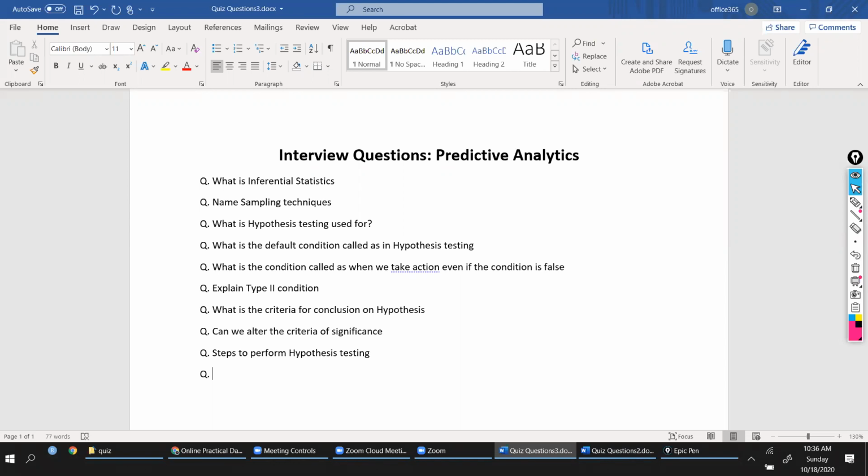CRISP-DM, remember the CRISP-DM logic, okay? Business understanding, which basically helps us to frame the null hypothesis, then collect the data. Here we are collecting the sample data. Then we perform the test. That's your data mining. And we get the random chance or likelihood of the estimate, right? Probability. And based on the probability, we will conclude. That depends on the level of significance. Right? Those are the high level steps.